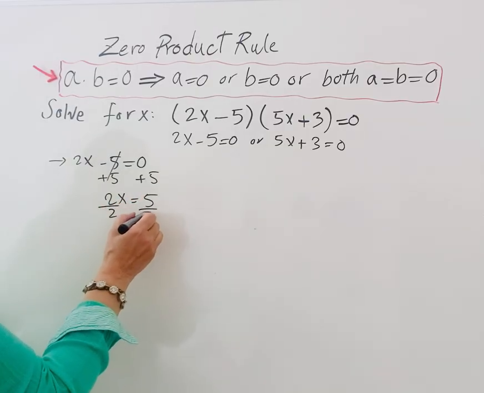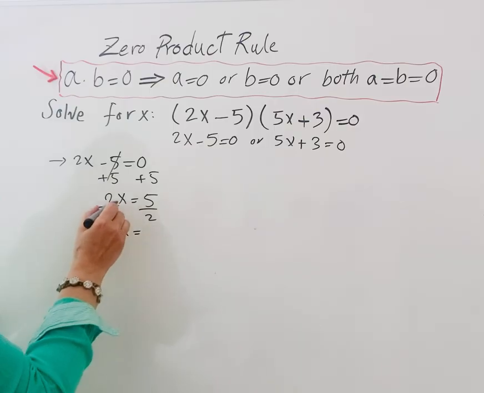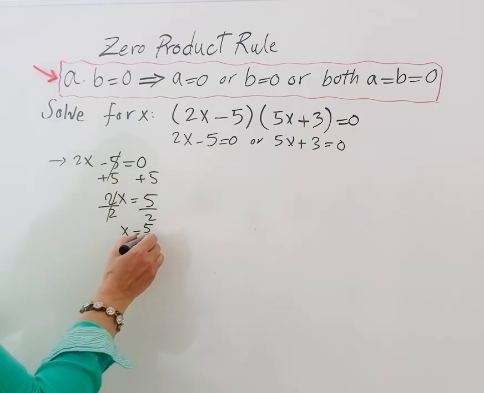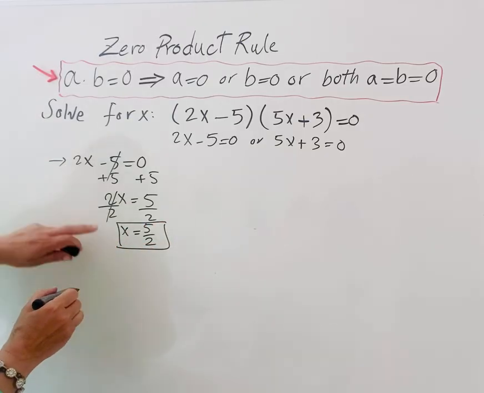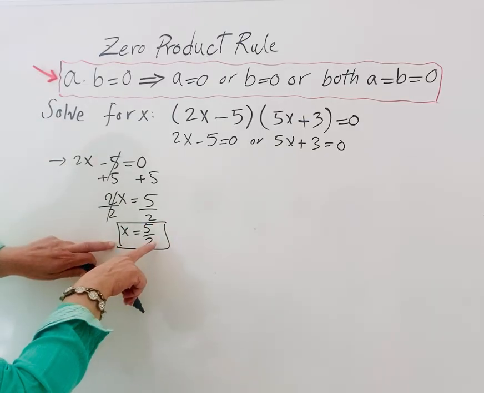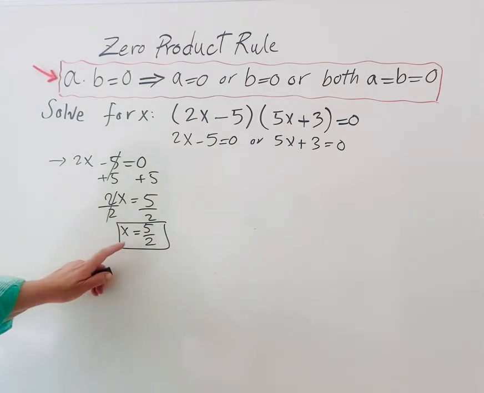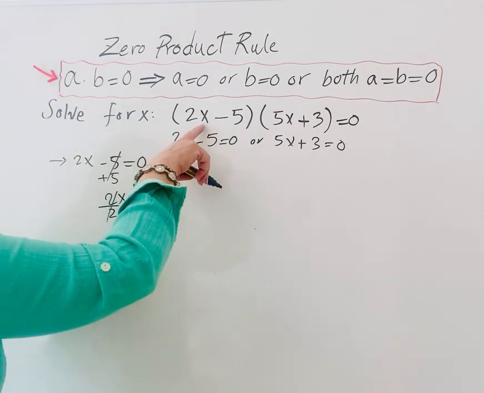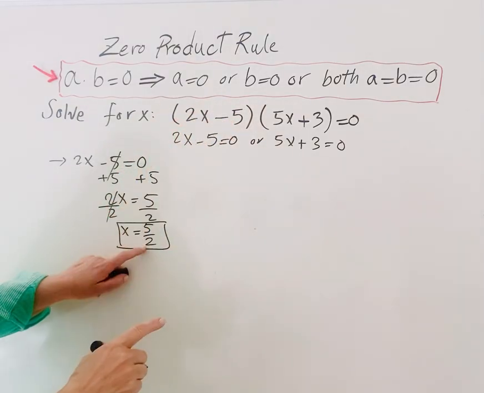And divide by the coefficient of x and isolate x. x gets 5 over 2. We solved. But the problem says solve, which means you should get a numerical value for x or any unknown. x can be 5 over 2 because this factor gets 0 and everything gets 0, right?